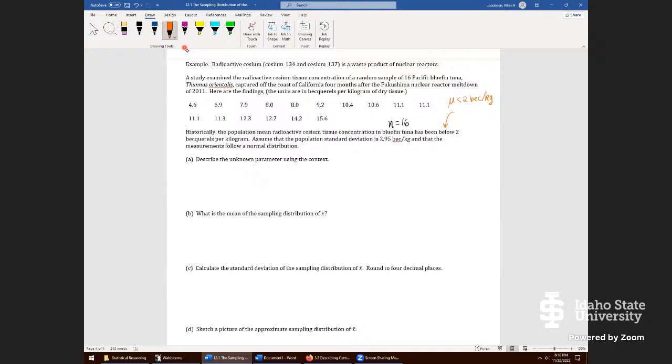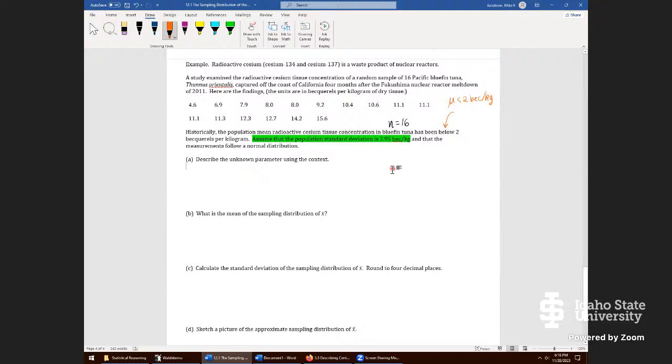But then there was a meltdown, water was leaked into the Pacific Ocean that was radioactive, and now look at all these fish. They're definitely more radioactive than 2 becquerels per kilogram. We don't need statistics to determine that, but we do need statistics to now estimate the current value of mu, not the historical one. It says next, assume the population standard deviation is 2.95 becquerels per kilogram.